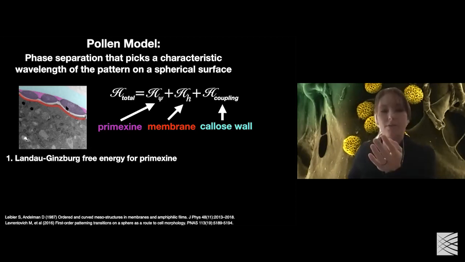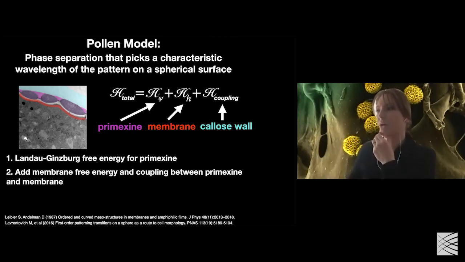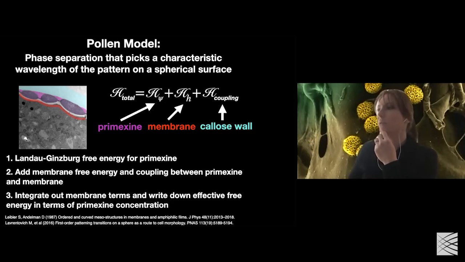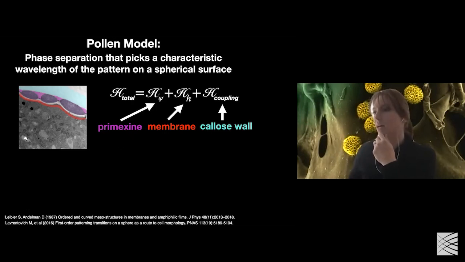And it just models how you can go from a mixed state to a phase separated state. The second step is you add your membrane free energy and the coupling between the two. And then you integrate out all the terms that don't have to do with your Primexine and write down a free energy in terms of just this Primexine concentration to find what your patterns are. Okay, so if this doesn't make sense, I'll go into the details in this next slide.